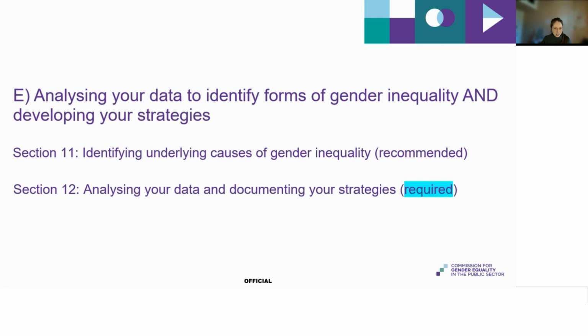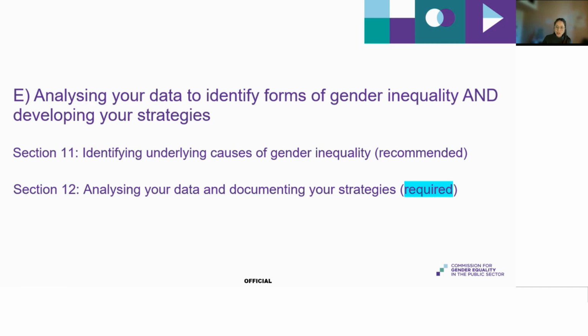We have this section here as a standalone component because the underlying causes of gender inequality likely relate to multiple indicators. You should be analysing your audit data against each indicator first, which you do in the next section, before you try to identify the underlying causes of gender inequality in this section.